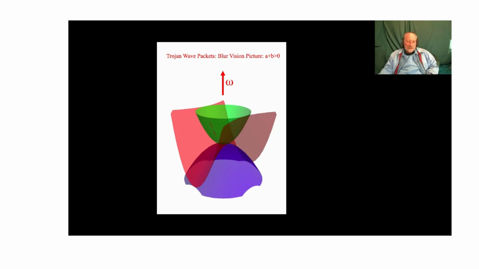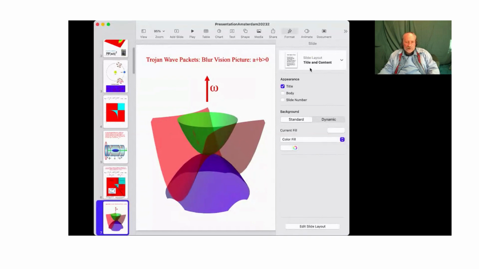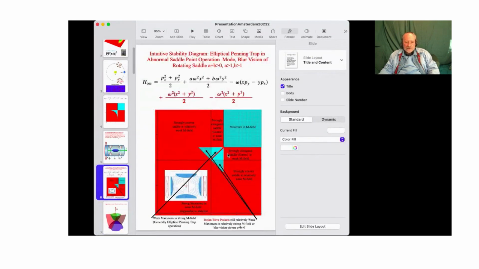Okay, and you want the coefficients of these two to be larger than 1. That's how you predict this picture here, those two triangles, which are essential for Trojan stabilization.